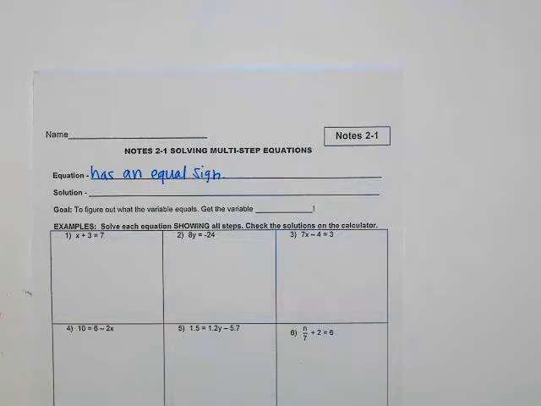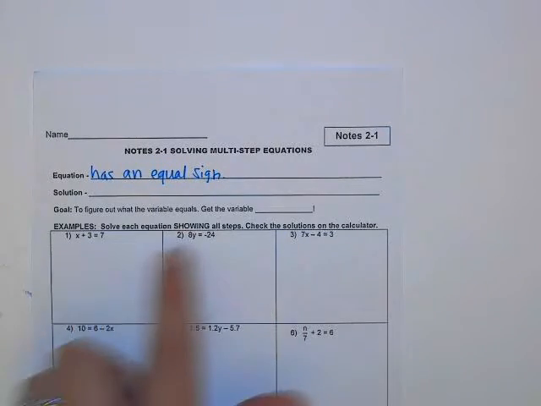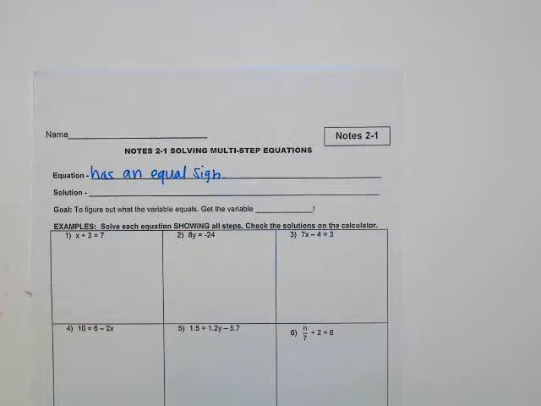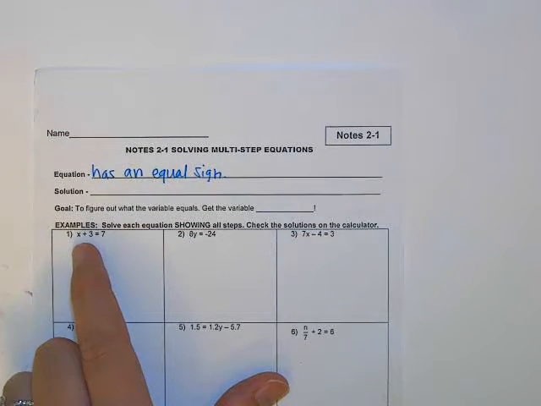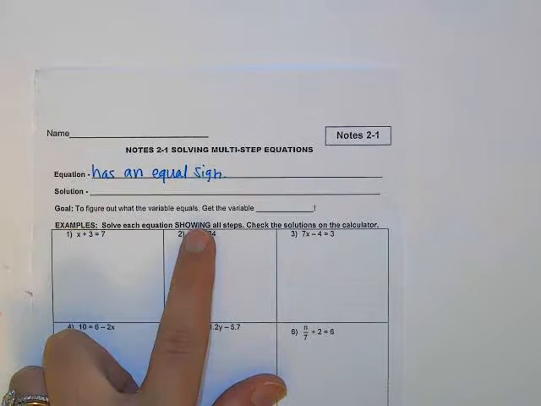That's what we just finished doing, were expressions. Problems that looked like this but did not have an equal sign. And if it doesn't have an equal sign, what do we do with those problems? We simplify. Good. Okay. We distribute and we combine like terms. We simplify expressions. Today we're talking about equations with an equal sign.